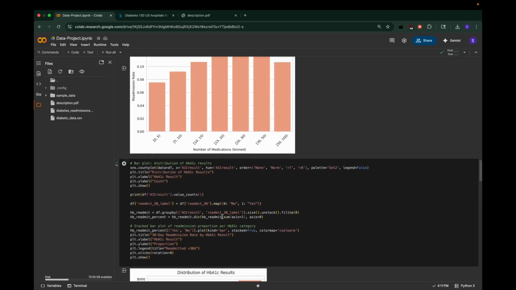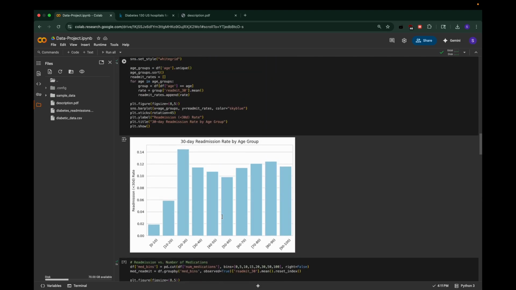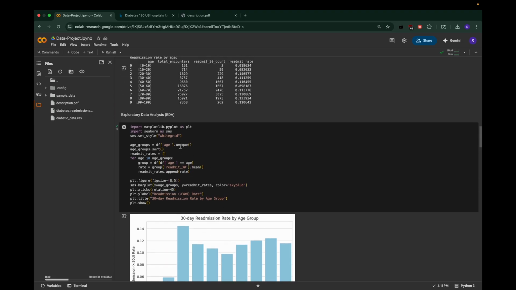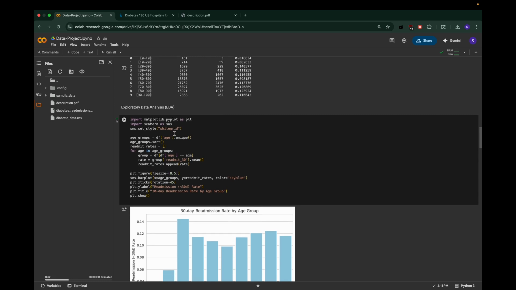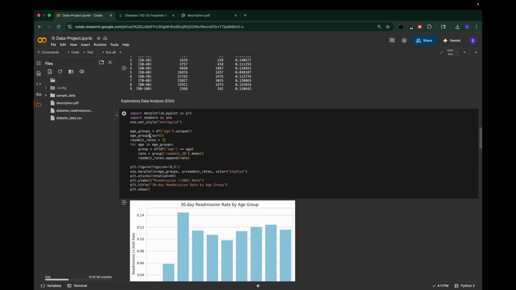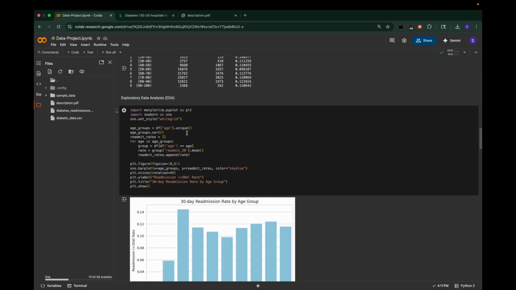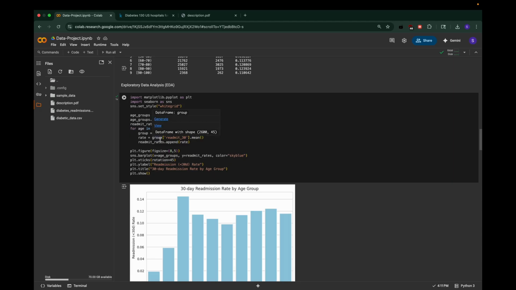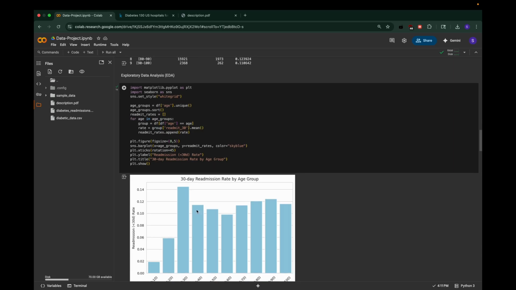For the first chart, I imported pandas and Seaborn for the visualizations. I got all the unique age groups like 0 to 10, 10 to 20, and so on, to compute the readmission rates. I sorted the groups, looped through each group, calculated the mean for that, and then plotted this.